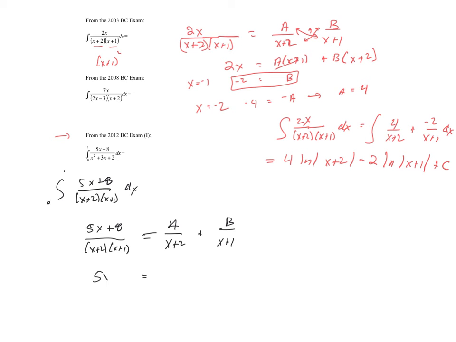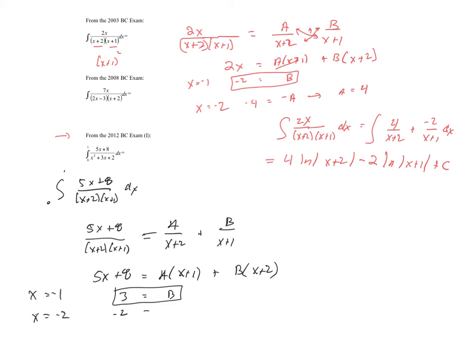So then I'm going to have 5x plus 8 is equal to a times x plus 1 plus b times x plus 2. Then I'm going to let x equal -1. So now I've got 3 is equal to b. And then let x equal -2.